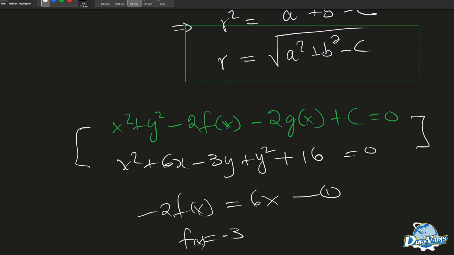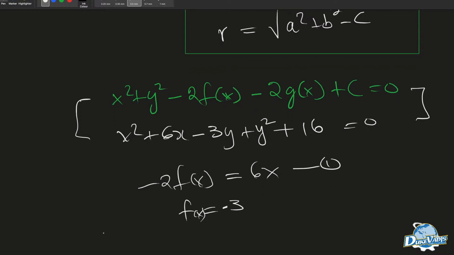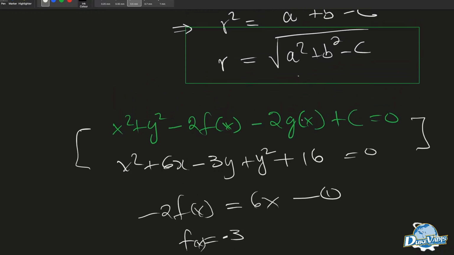Now I take minus 2g of y. Sorry, this is y, I don't know why I wrote x. The value of y, because that's y. Okay, so let's go back.